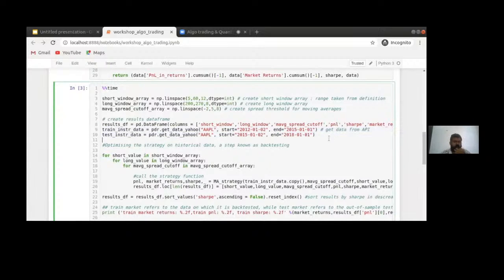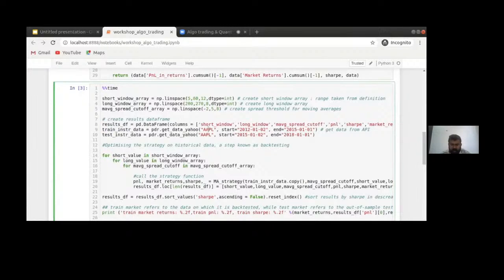In the world of analytics and data science, these are two pretty common terminologies: training data and test data. Training data is data over which your model or strategy will learn the parameters. Test data is the data over which I will test my strategy. Test data is unseen data, which the model would have never seen before until I ask it to run on this data and give me the desired values.